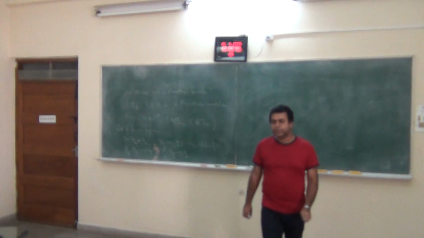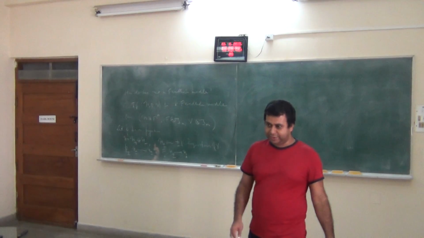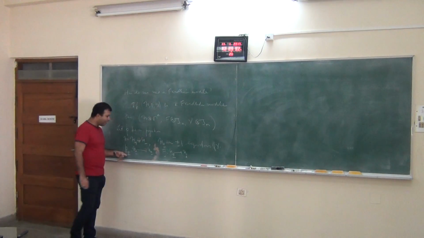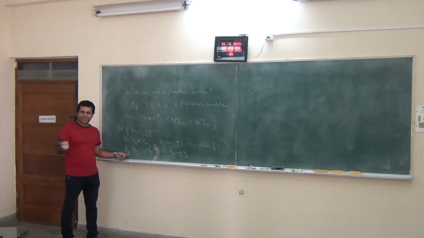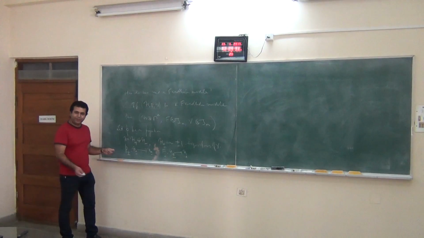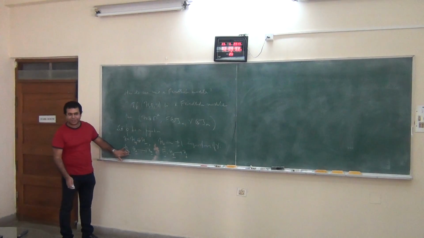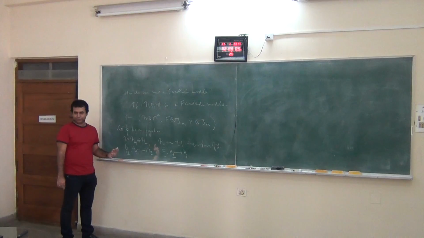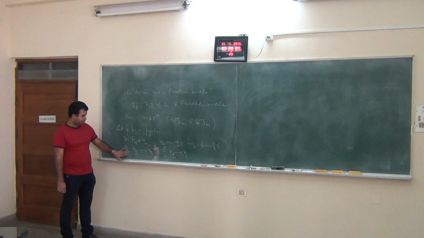So I denote P restricted to H plus by P plus. If you like, you can think of P sending H plus to H plus and H minus to H minus, or you can think of the restricted operators. I call them P plus minus.